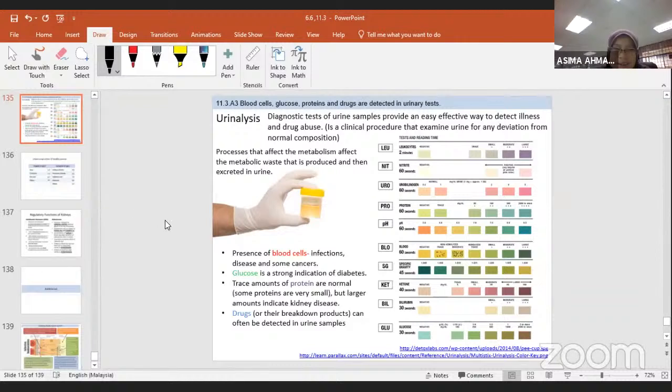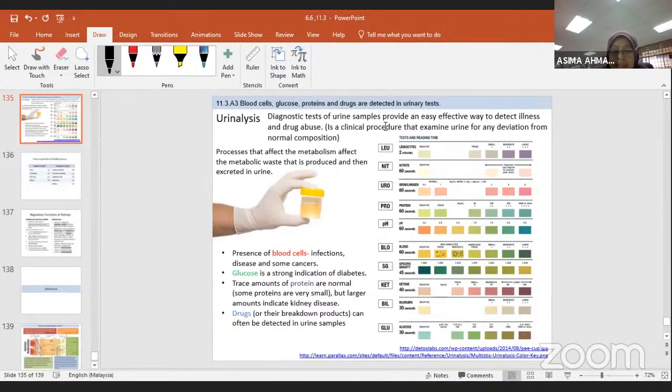Alright, so the last one is blood cells, glucose, proteins and drugs are detected in urinary tests. So this is called urinalysis, analysis of urine. Diagnostic tests of urine samples provide an easy, effective way to detect illness and also drug abuse.